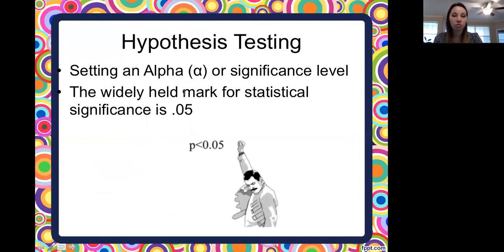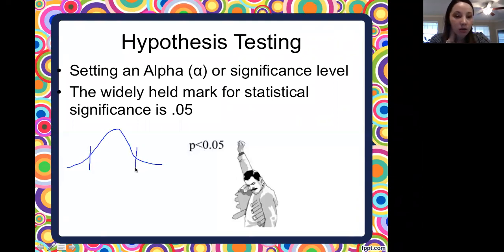However, sometimes we use other ones. But most commonly, we use an alpha level of 0.05. So we want our probability to fall within that rejection region. We want our P, which is what this stands for here, to fall within the rejection region.